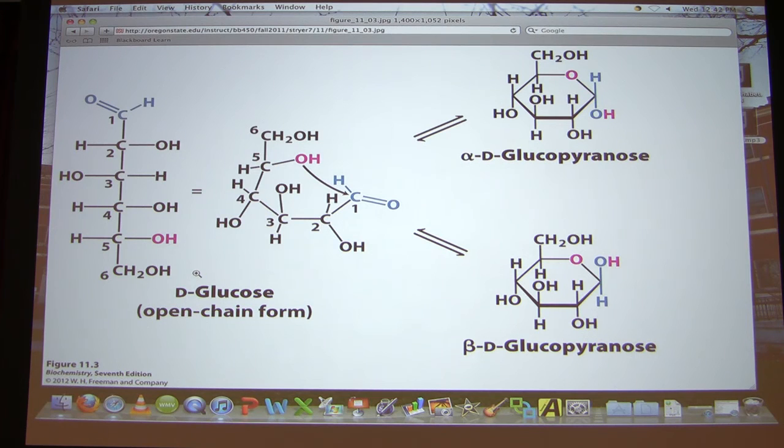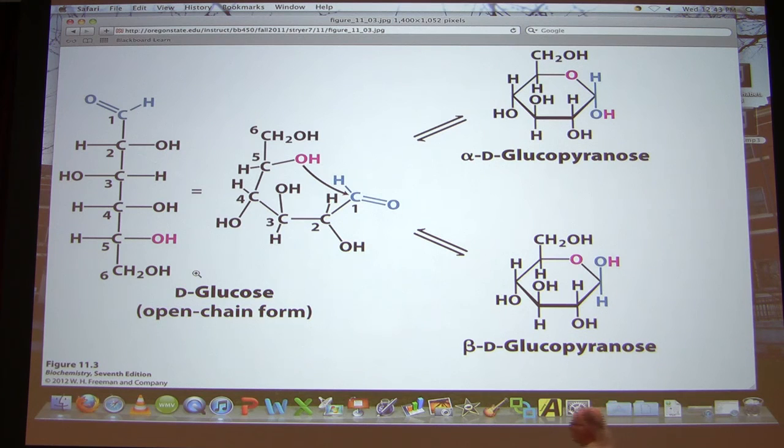I'll show you that in just a little bit. And so we tend not to see as many of these in the beta form as we see in the alpha form. But nonetheless, we do see some in the beta form. In solution, it's going back here, over here, back here, over here. One of the criteria for the reversibility of this process is the ability of these guys to go back to the straight chain. If they can't go back to the straight chain, they can't flip.